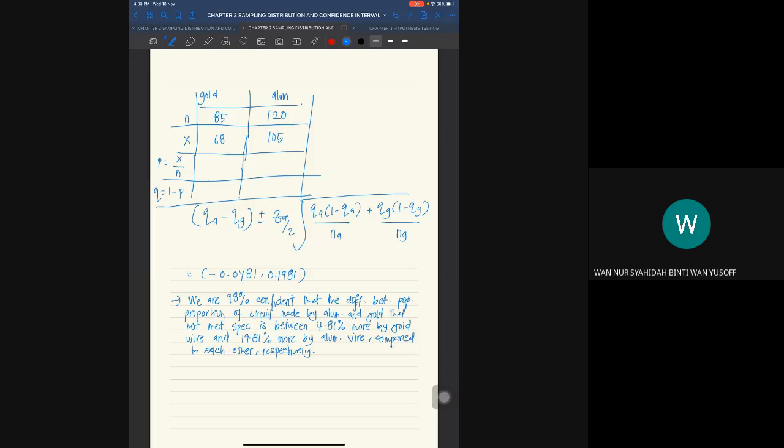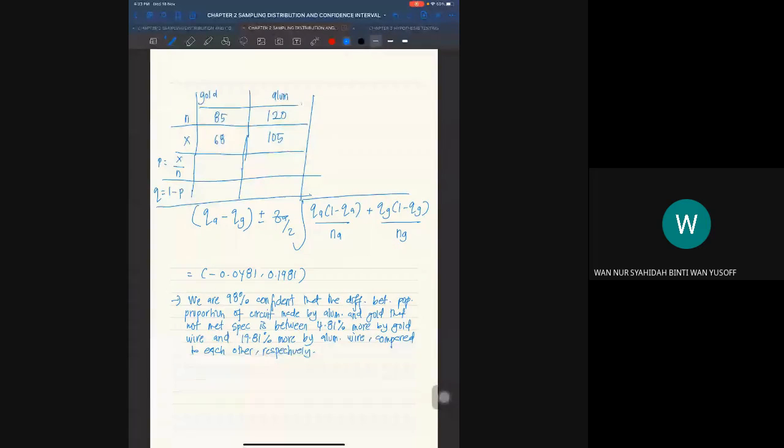You will get a different answer. I think if you do gold minus aluminium you will get positive, but you can try this. We can try both, madam, with aluminium first or gold first. Yes, but in this question, we have to follow that aluminium must be the first one and gold must be the second one.